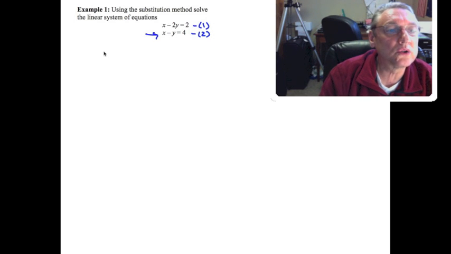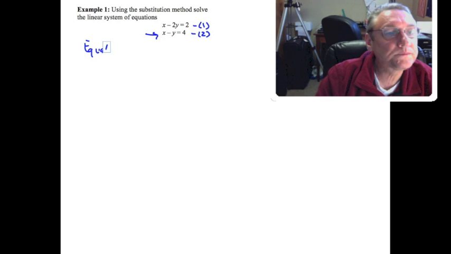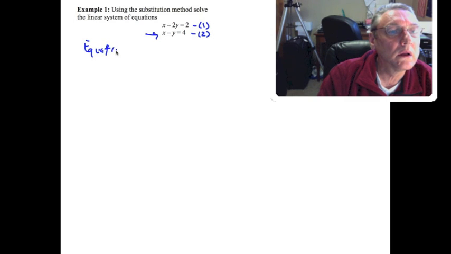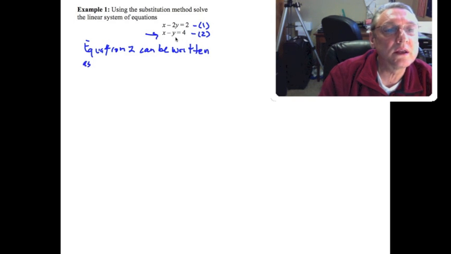So what I could do is say, well, equation 2 can be written as, notice here that if I isolate x, I could write this as x is equal to y plus 4 by simply adding y to both sides here. So notice that I have x now in terms of y.